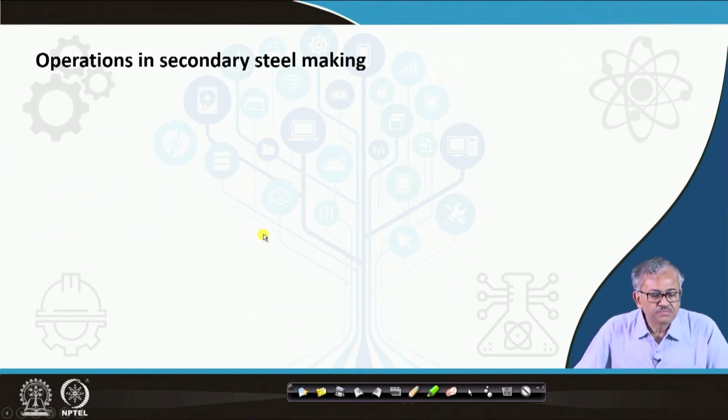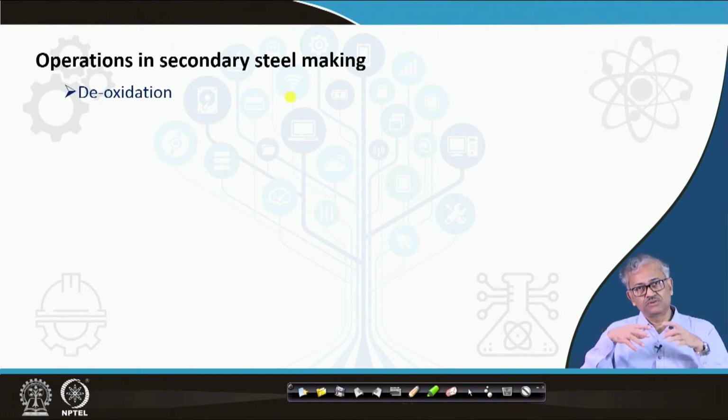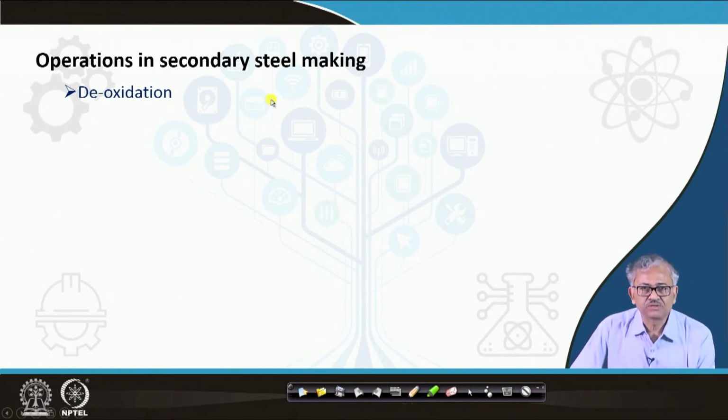Now there are various operations in secondary steel making. Deoxidation is also carried out in secondary steel making. When you tap the liquid steel you can do that, or otherwise you can do the deoxidation after taking the ladle to the ladle furnace, or there are several stations where you can do deep deoxidation. Then you can do degassing under vacuum.